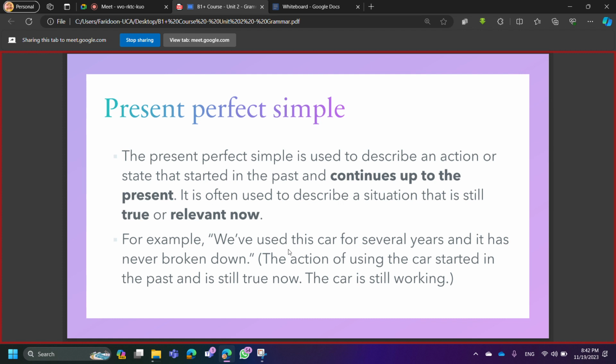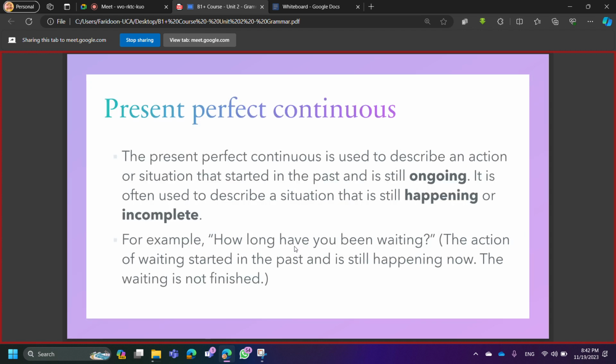For example, we've used this car for several years and it has never broken down. The action of using the car started in the past and is still true now because the car is still working and you're still using it. Okay? So you didn't sell it, you didn't exchange it for a new car, you're still using it. That's what it means when you say, like, we've used this car for several years.